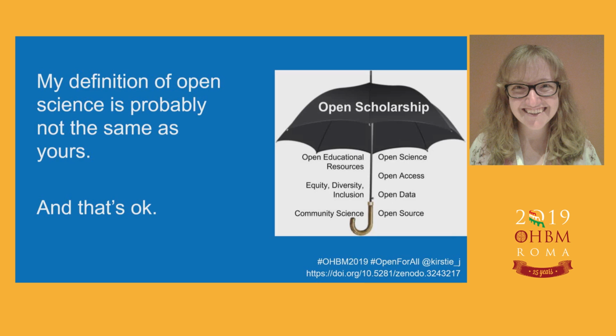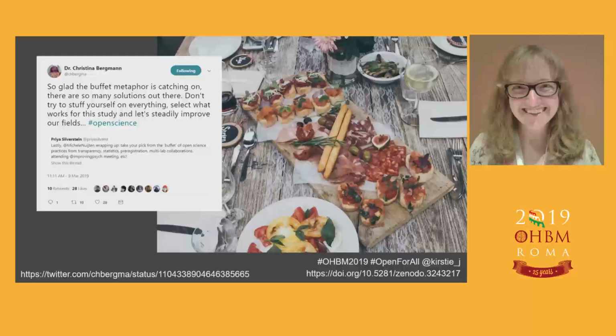But my take-home from this slide that I would like you to remember is that it's okay if you do not do every single one of these things. I would just ask that you recognize that there are many different definitions of open scholarship. Then, just to take you on a journey, I also want you to be kind to yourself, to support yourself.